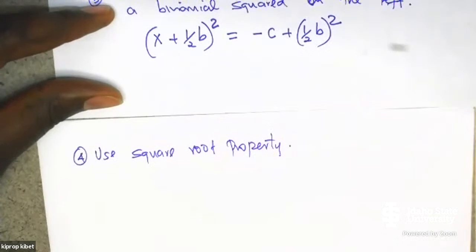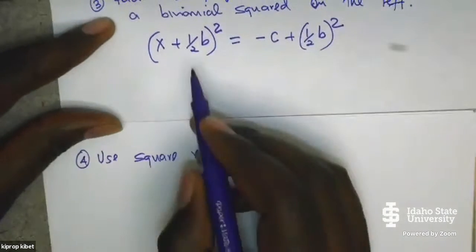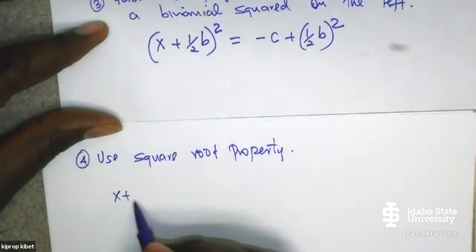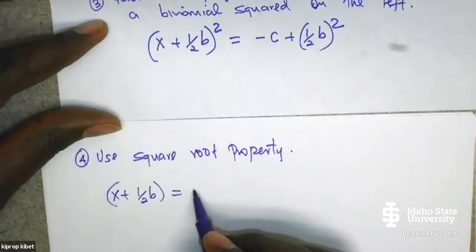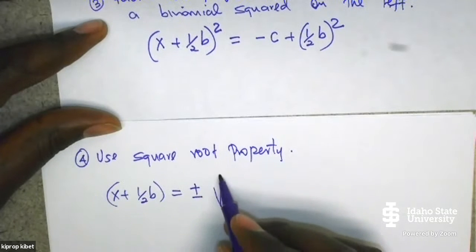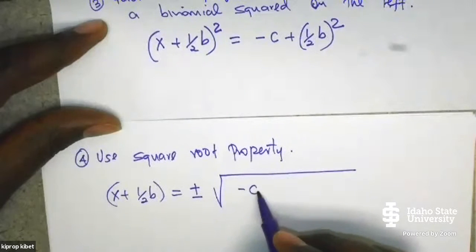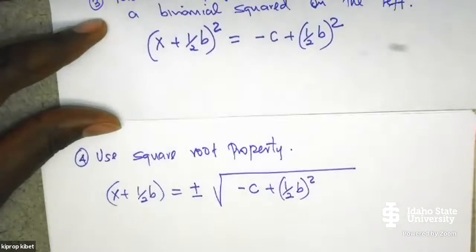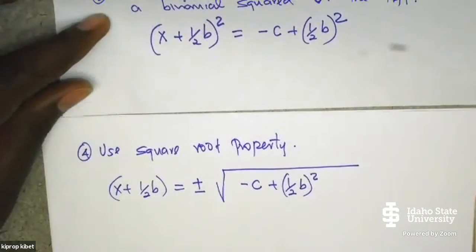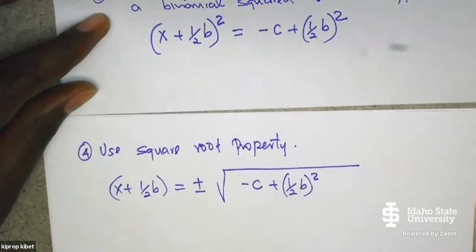In this case, x plus 1 over 2b will be equal to plus or minus the square root of minus c plus (1/2 b) squared.